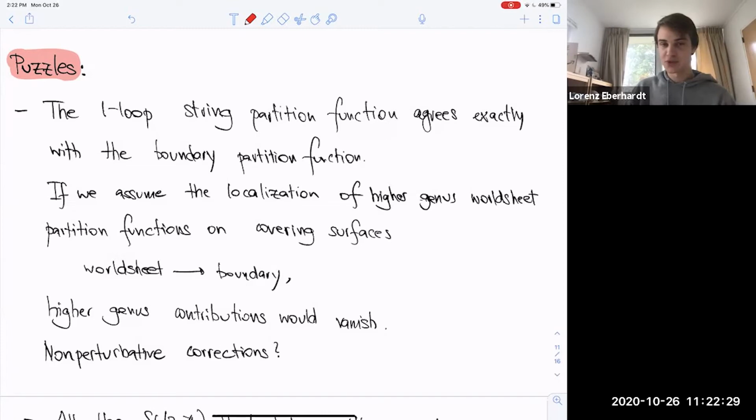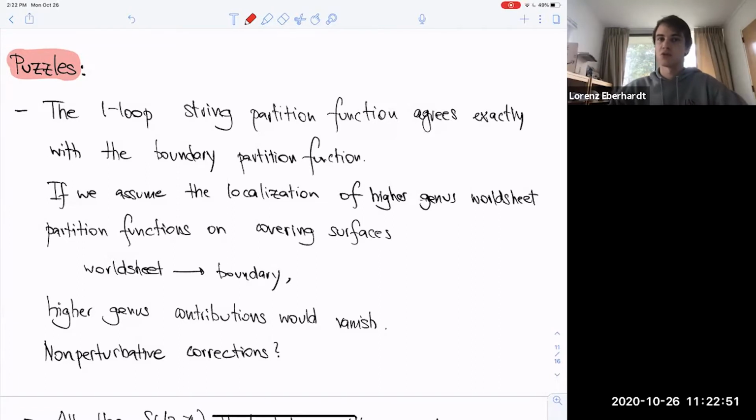But if you assume that this localization thing works, that seems to work in different circumstances. So the localization kind of conjecture that exists is always that whenever you compute anything in the string theory, the partition function or correlation function always localizes to holomorphic coverings of the boundary by the worksheet.